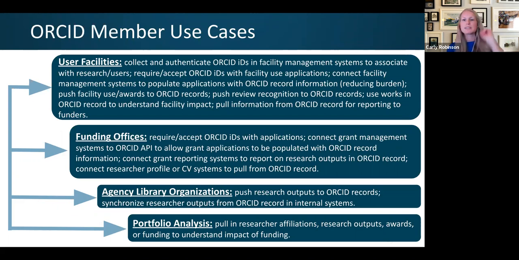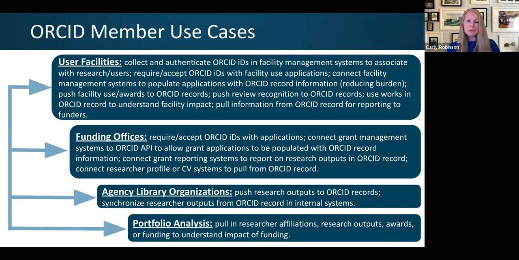So once a researcher has come to your facility, used your facility, you could push that information, the fact that they used your facility and potentially what specific instruments they've used. You could also push review recognition. So if you have members of your community reviewing proposals, you could push that recognition into a researcher's ORCID record. And then you could also pull information and read information from an ORCID record to understand facility impact or potentially to pull information for reporting.